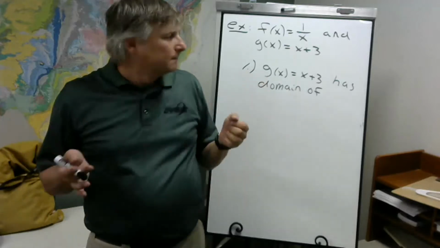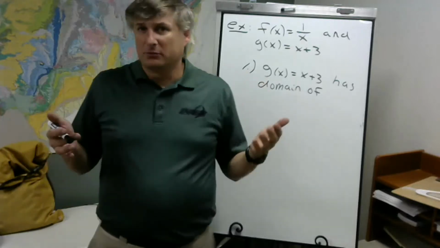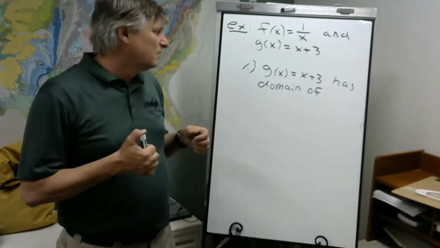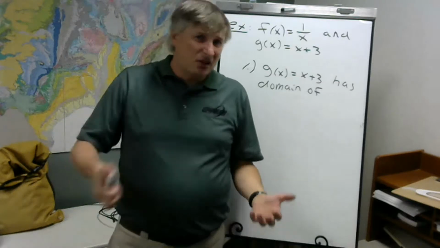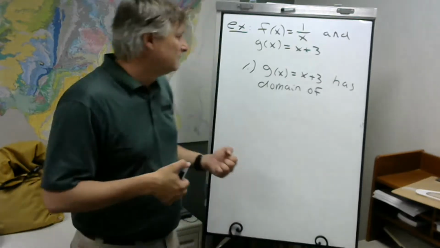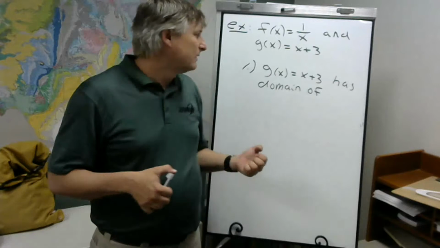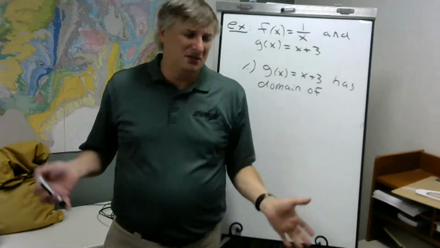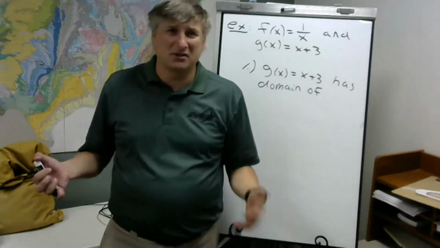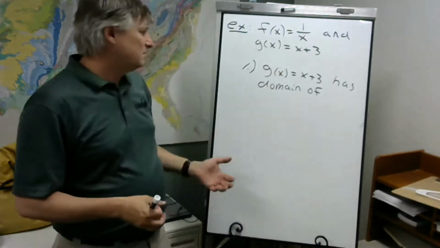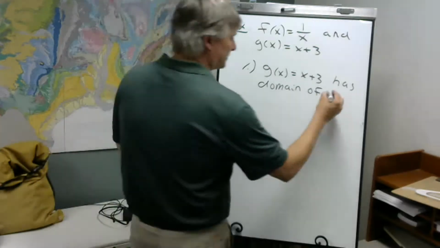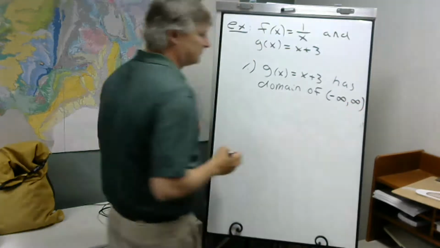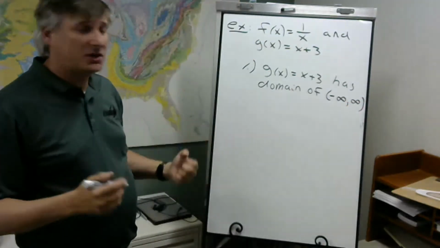Nothing's being divided. Are there any square roots or even roots? No even roots. No square roots. Any transcendental functions like logarithm or tangent? Not seeing those. There are no restrictions on x that are just there. So it looks like the domain is all real numbers. We can use any real number we want. So there we go. No restrictions on g. That's great.